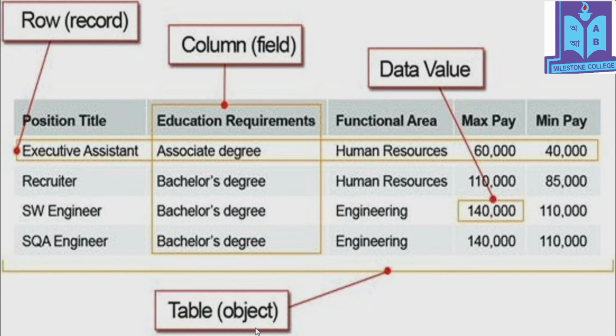With some portion of data you can't call it a full record, but when we form a record it will obviously touch every single column to make a full record. You see 1,40,000, it's a data value, or we can say in a simple way it can be a data. So what we see in this table, every single portion of information is data.